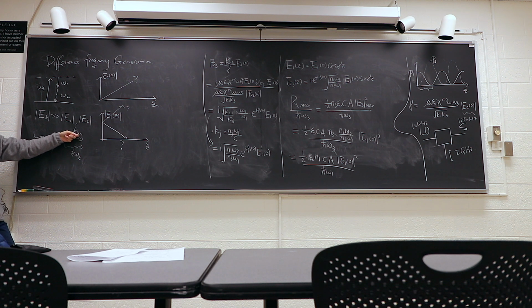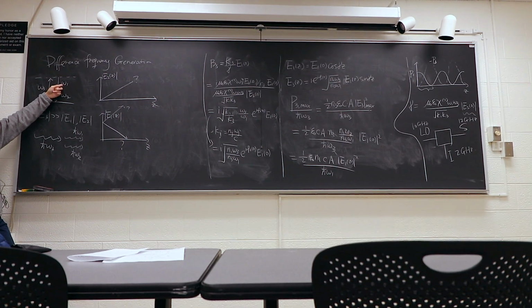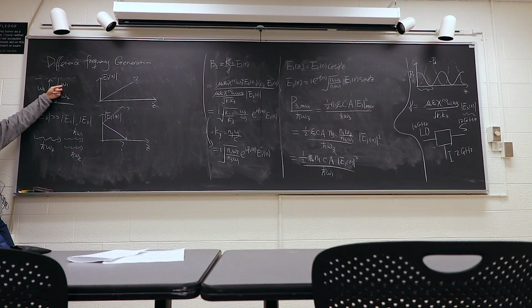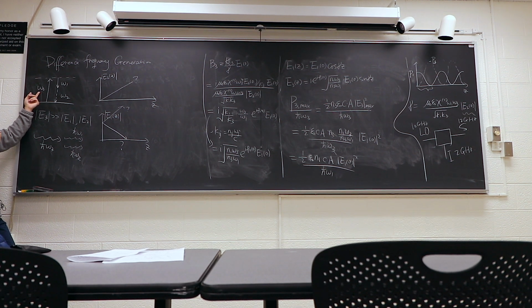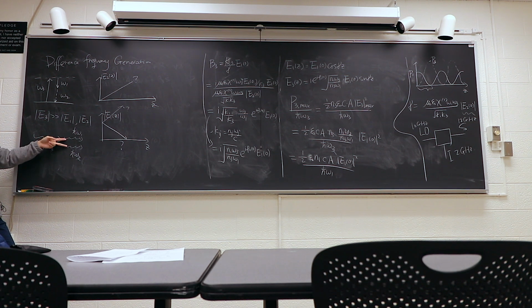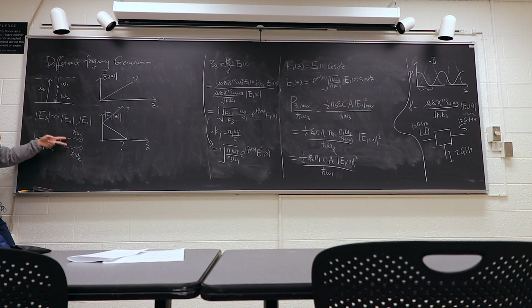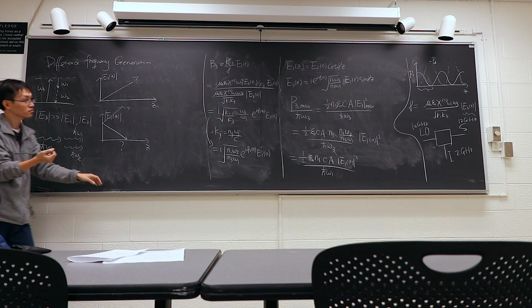Okay, so the role of E1 here is very different from the sum frequency. The sum frequency provides a photon to convert it to omega 2, or to omega 3. Here, this one simply triggers the omega 3 into 2 photons. Okay, it's not consumed. It stays there. It's more like an optical amplifier, right?